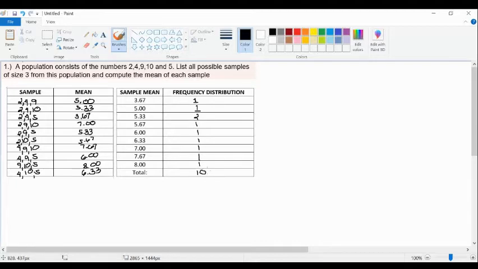So the sampling distribution of the sample mean is a frequency distribution using the means computed from all possible random samples of a specific size taken from a population. We observe that the means vary from sample to sample, thus any mean based on a sample drawn from a population is expected to assume different values. So this leads us to a conclusion that the sample mean is a random variable.